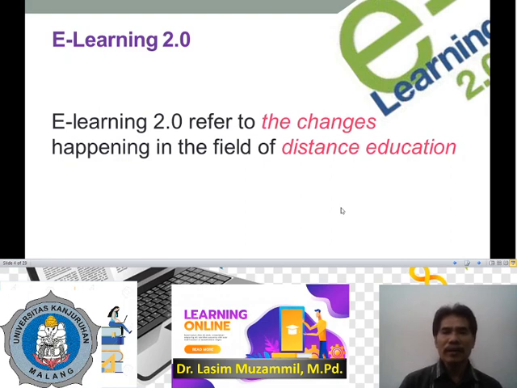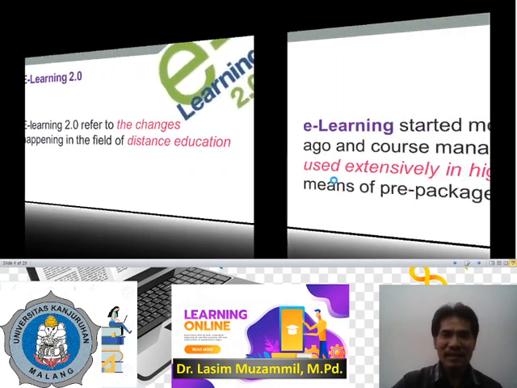We have online learning, blended learning, and distant learning. In that case, talking about e-learning 2, it refers to the changes happening in the field of distant education. Right, it's interesting to discuss, isn't it?